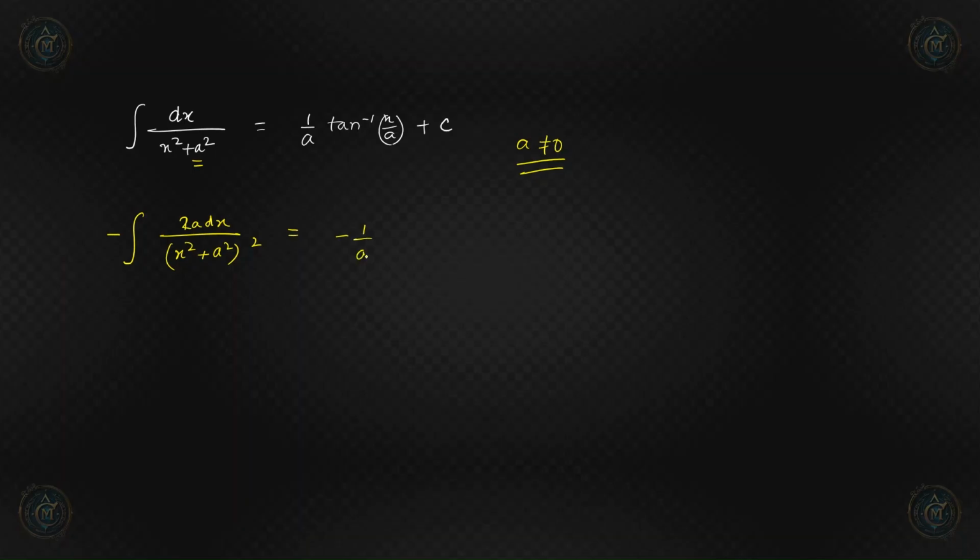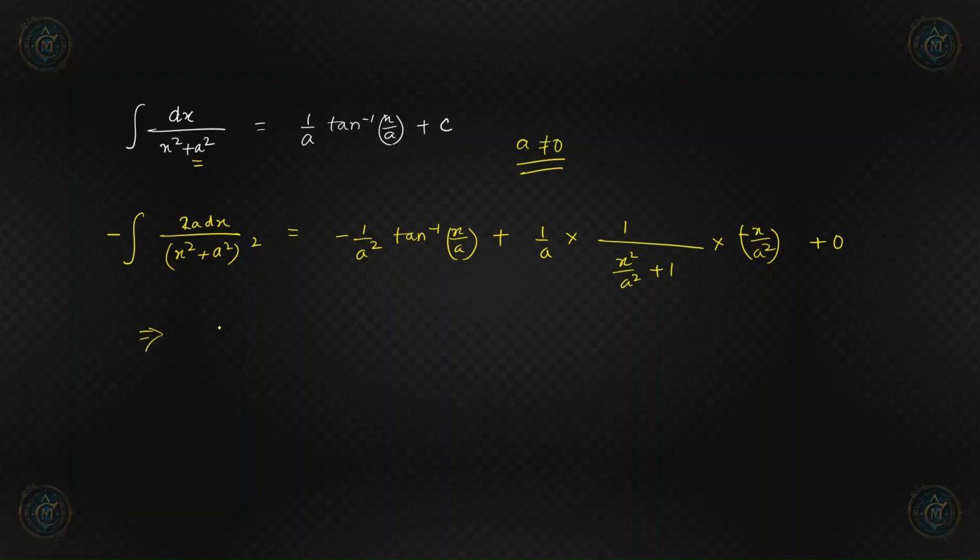This will be −(1/a²) tan⁻¹(x/a) plus (1/a) times 1 divided by (x²/a² + 1) times the derivative of x/a with respect to a, that means −x/a², and the differentiation of the constant is 0. So the minus sign gets cancelled overall from this equation.